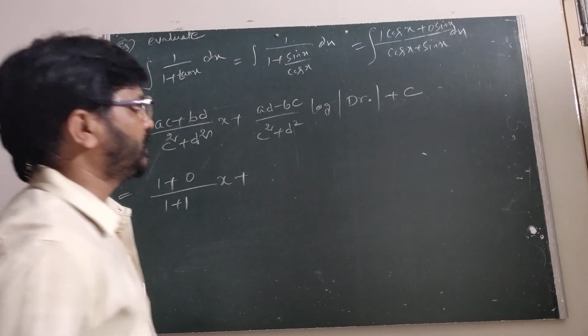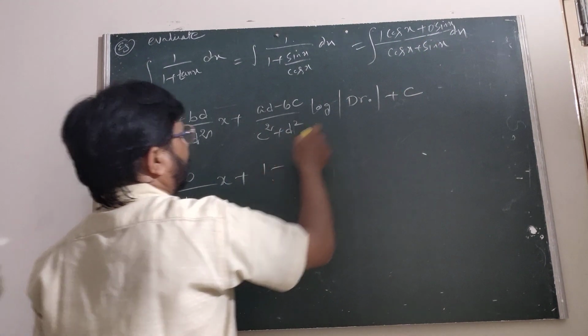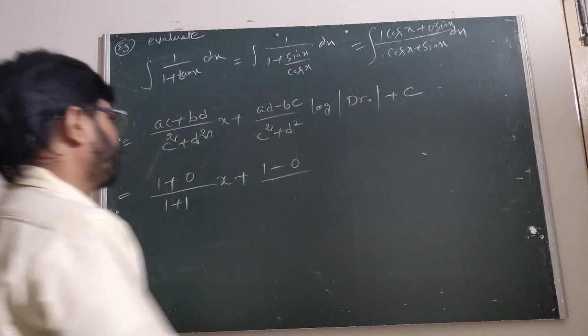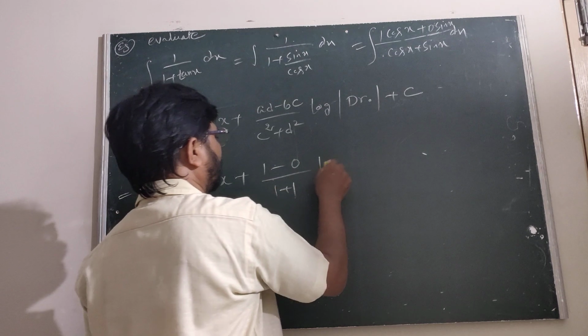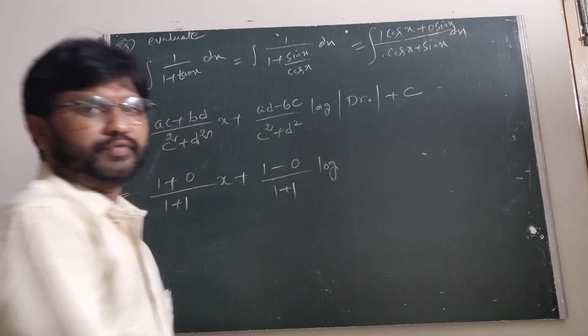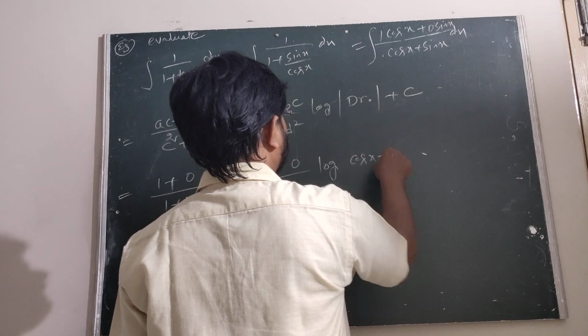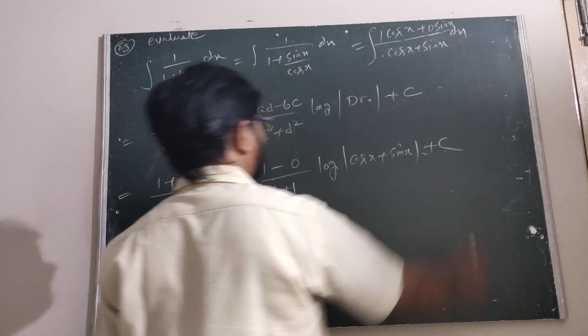Then AD minus BC: AD is 1 into 1 is 1, minus BC is 0, by C square plus D square, which is 1 plus 1, into log mod of the denominator. The denominator is cos of x plus sin of x plus C.